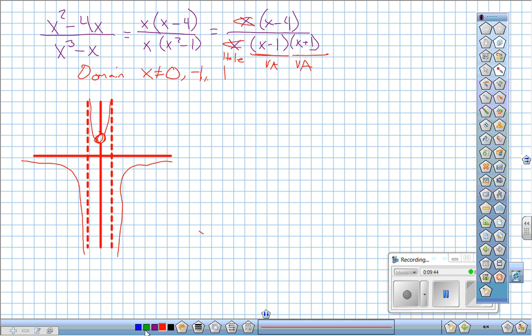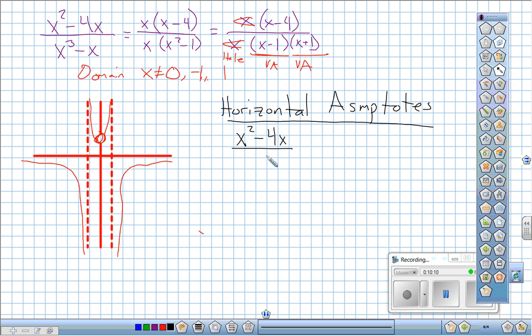And then let's talk a little bit about what our horizontal asymptotes will look like. So horizontal asymptotes. In this case, if we were to look at the example that we just did, x squared minus 4x over x cubed minus x, I will have a horizontal asymptote, HA, at y equals 0.